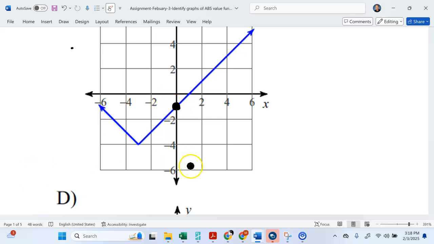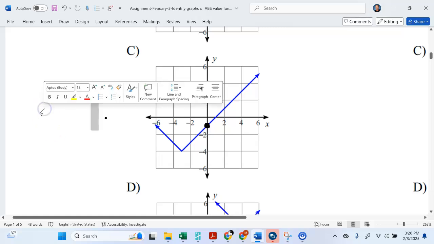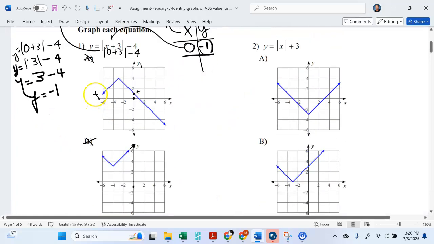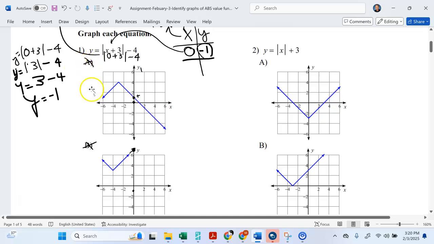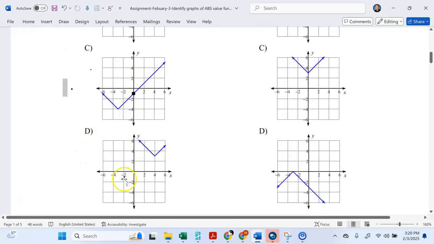So now, okay, so far A is bad, no good. C, maybe. Don't pick it right away because maybe D is good too.